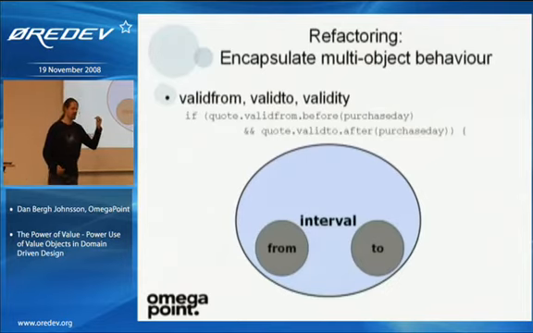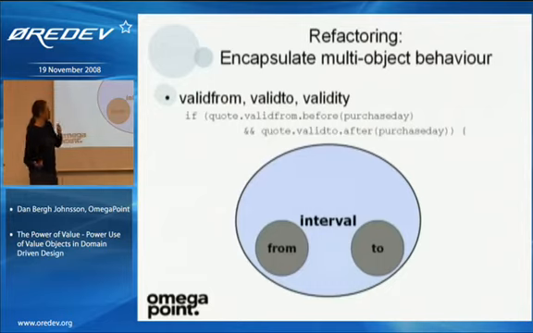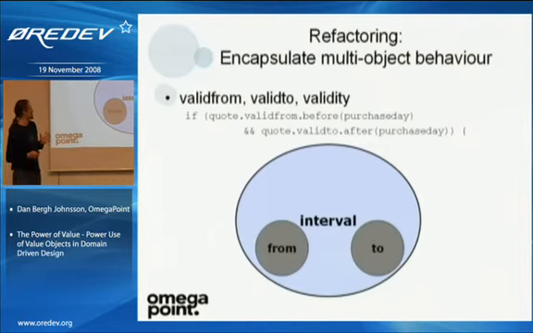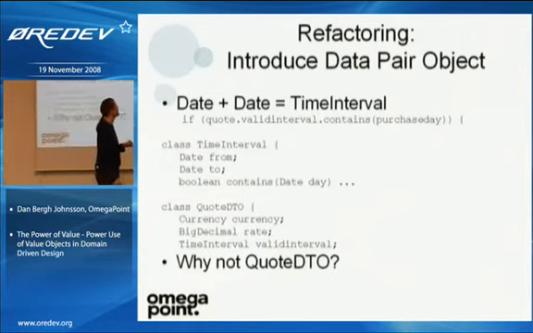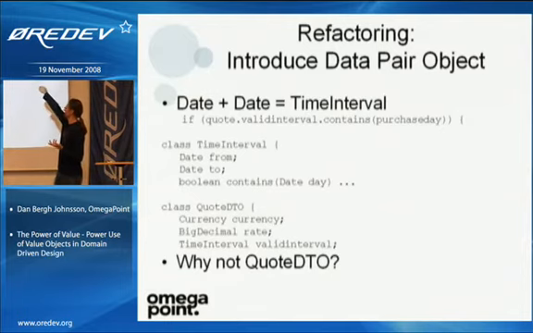So what I'm trying to do is not to introduce time interval, but to show some principles. I will return to the principles. So here we got encapsulating the multi-object behavior, and thus finding a place where we could move this functionality to.